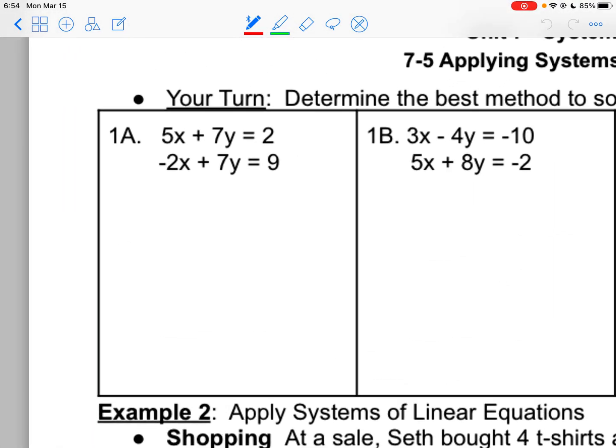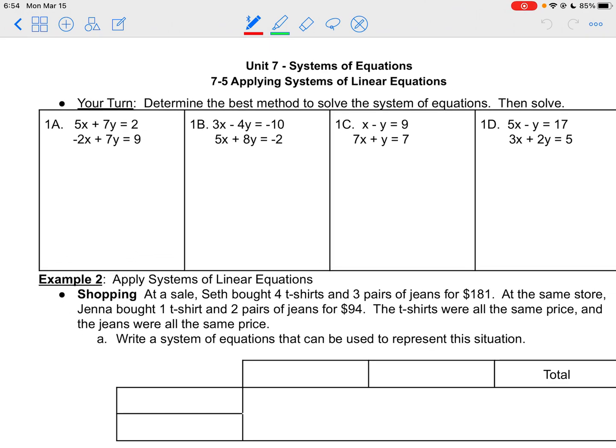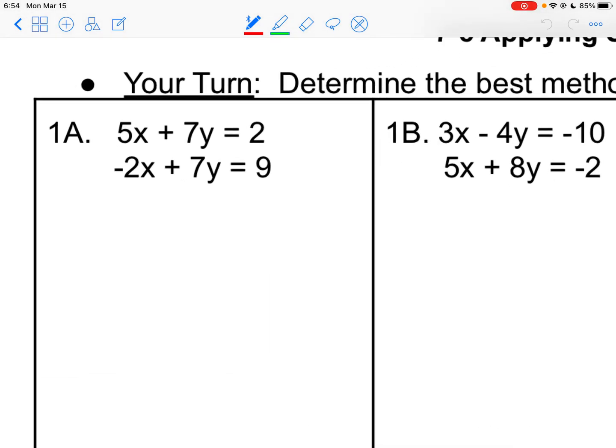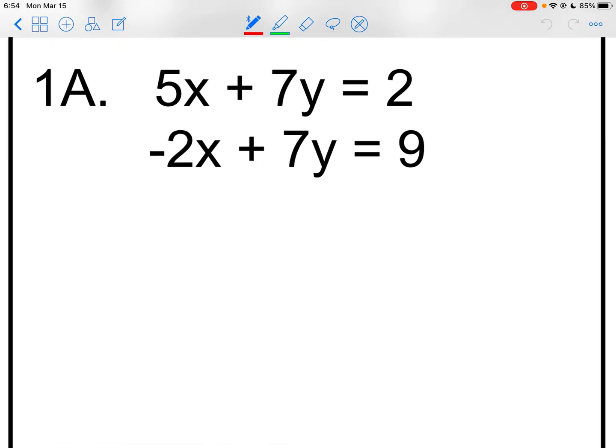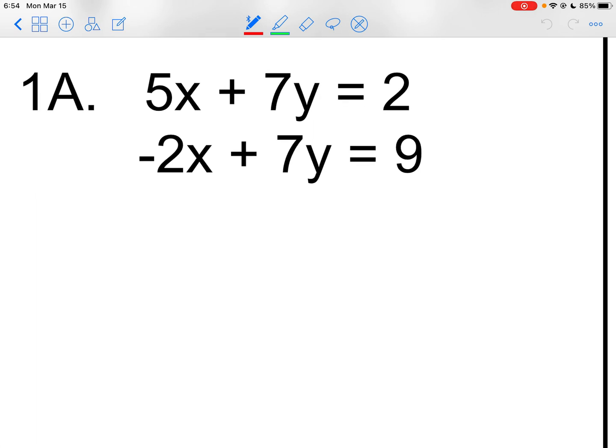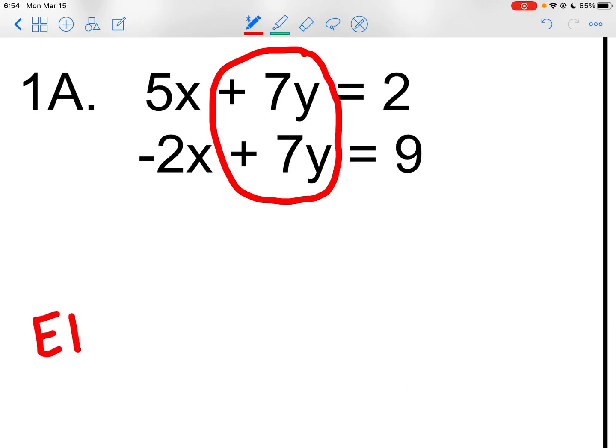So looking through these, we can figure out what the best method would be to solve the system by looking at each equation. So on this first one, I notice that both of the y's have a 7 in front. And since they both have a 7 in front, elimination is going to be my best method. Now I just need to figure out what type of elimination.